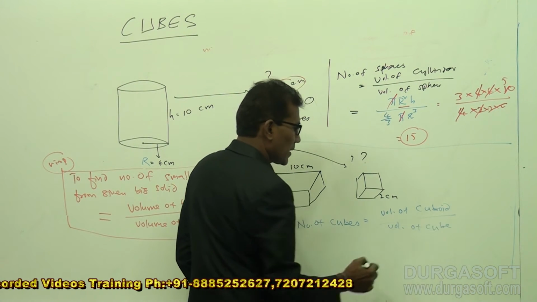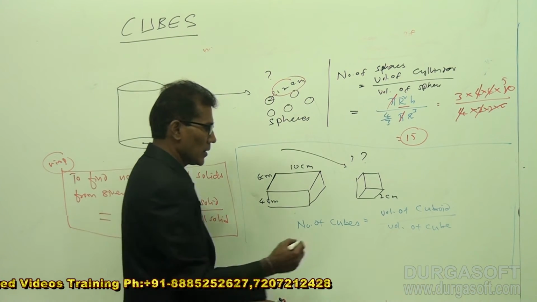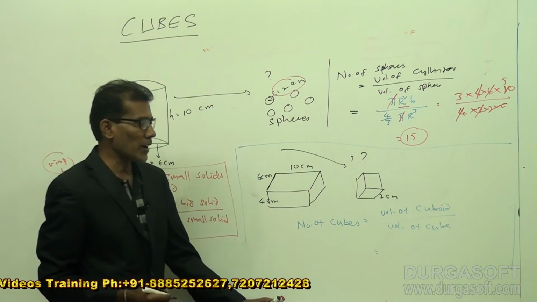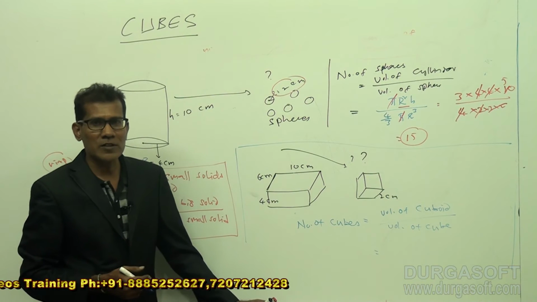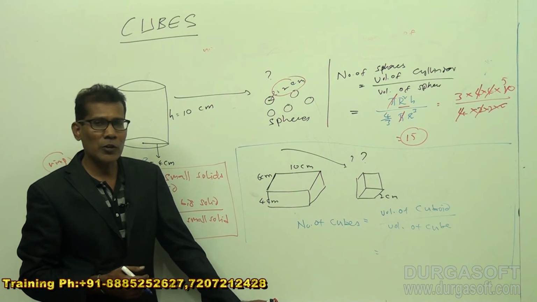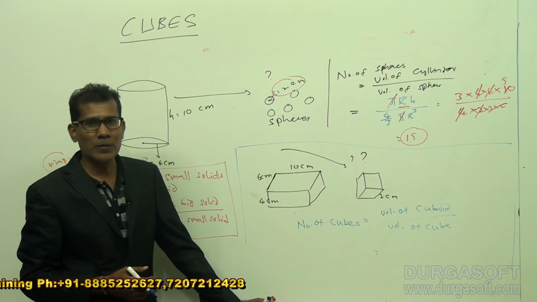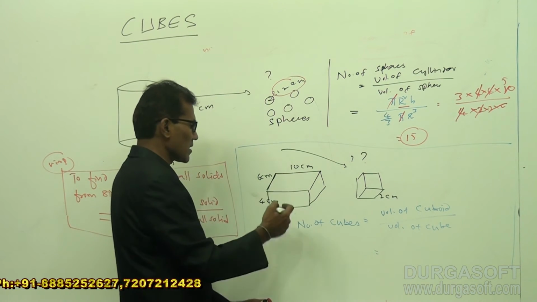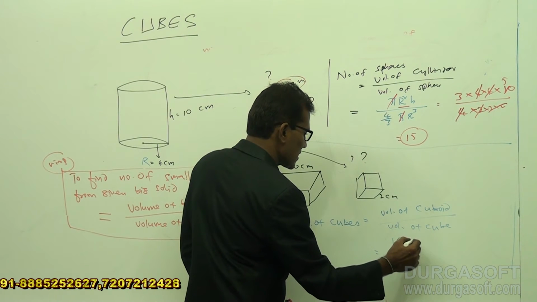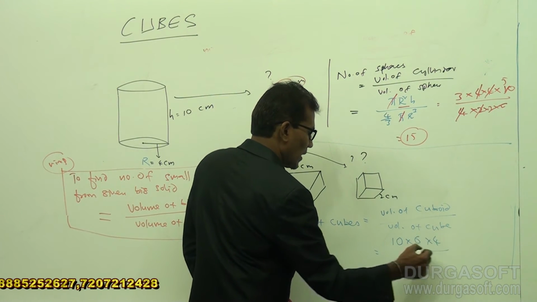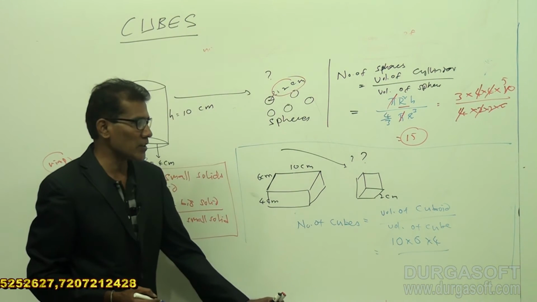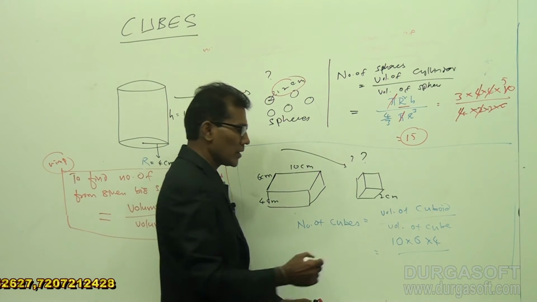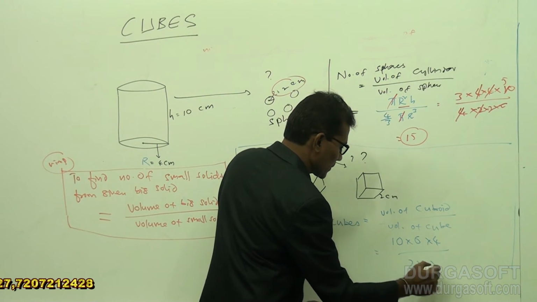Since we are cutting the cubes from the cuboid, what is the volume of the cuboid? The cuboid has the dimensions length, breadth, height. Volume we can find out by finding the product of length, breadth, height. So that is length into breadth into height. It is nothing but 10 into 6 into 4. And volume of the cube, each dimension is 2 centimeter. That is 2 into 2 into 2.